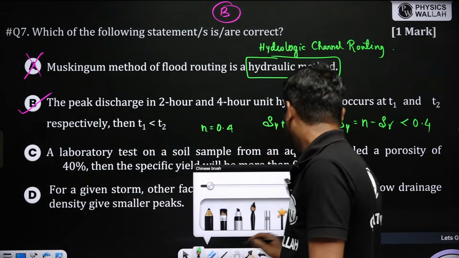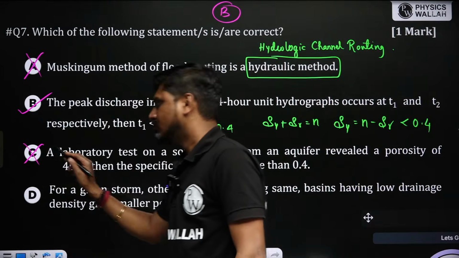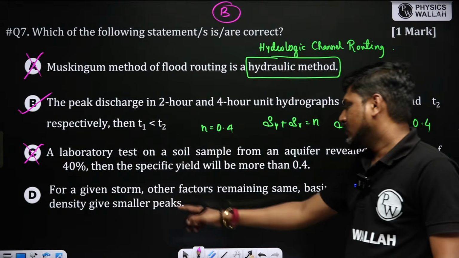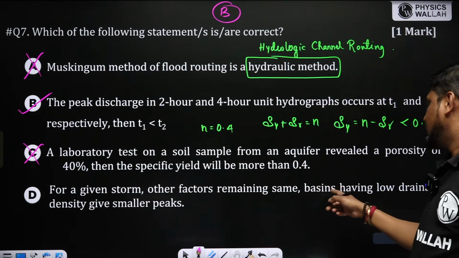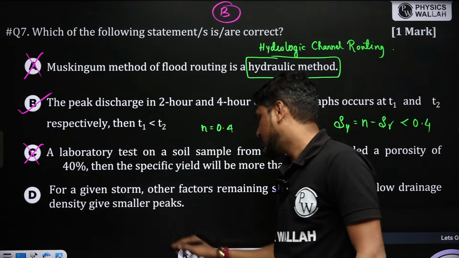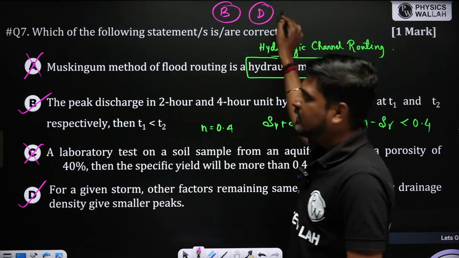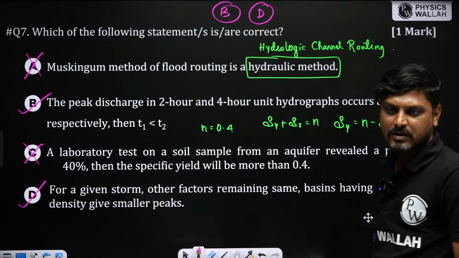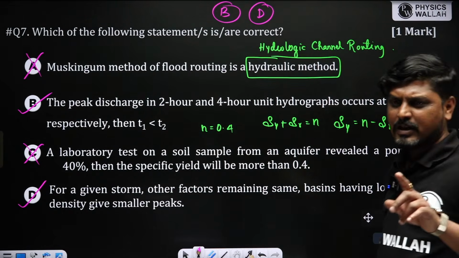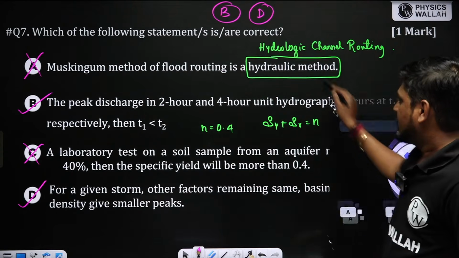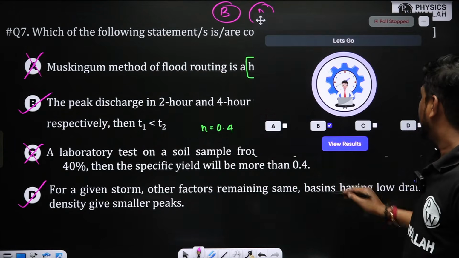So this statement is wrong. For a given storm, other factors remaining same, basins having low drainage density give smaller peaks. True statement. B and D. MSQ question. So please, if there is any doubt, do ask me, okay? So B and D.